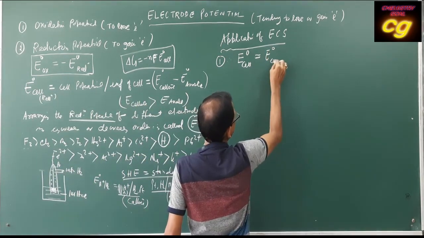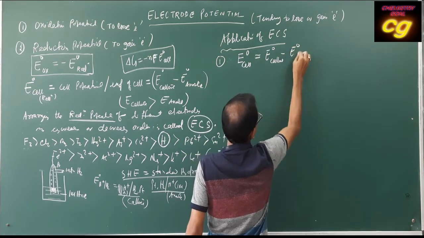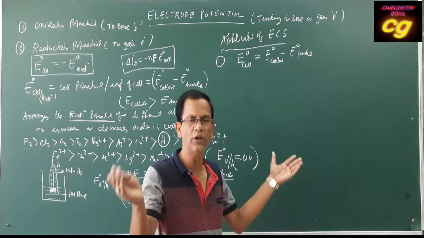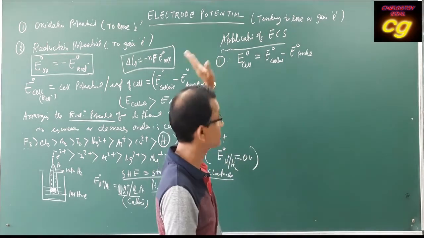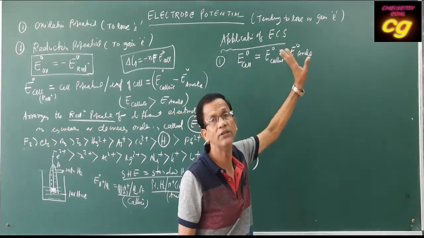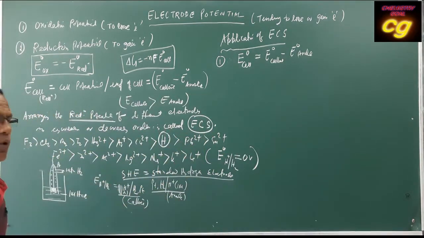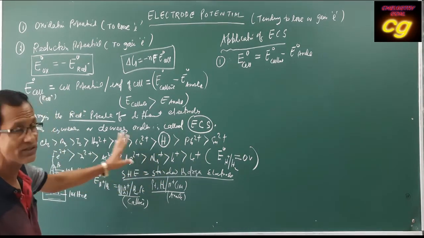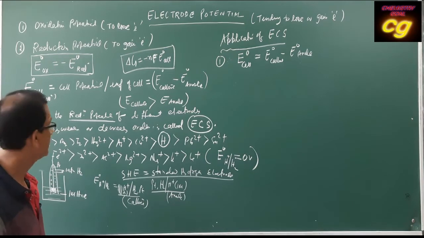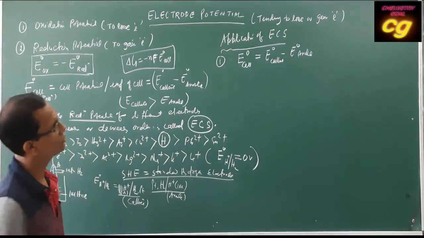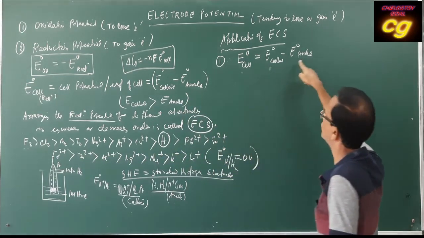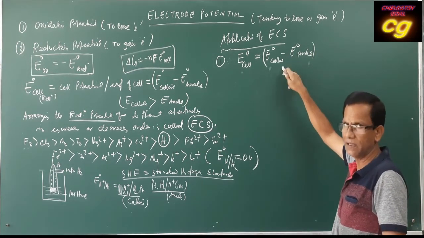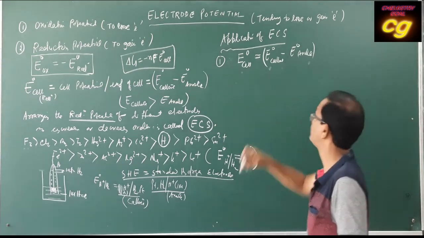Standard E cell is equal to E naught cathode minus E naught anode. You can connect two half cells, two electrodes, to form a complete cell. Different electrodes have different electrode potentials, and the series is given in the books. E naught cell is always positive, because the cathode has greater reduction potential than the anode.